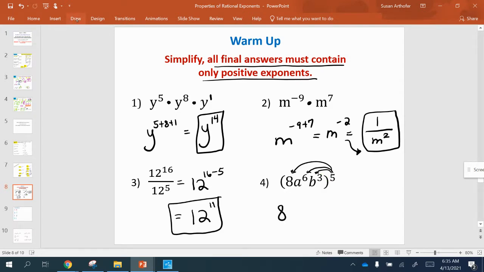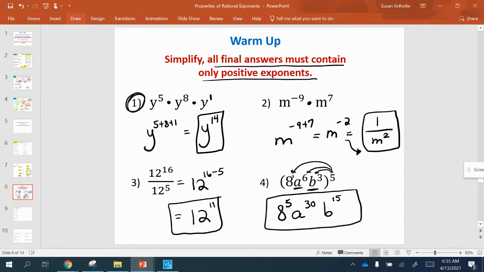And don't forget that the 8 gets the 5 because there's a hidden 1 there. 1 times 5 is 5. And then a to the 6th to the 5th is a to the 30th because you're multiplying. B to the 3rd to the 5th is b to the 15th because you're multiplying the exponents. Up here is where we added the exponents.